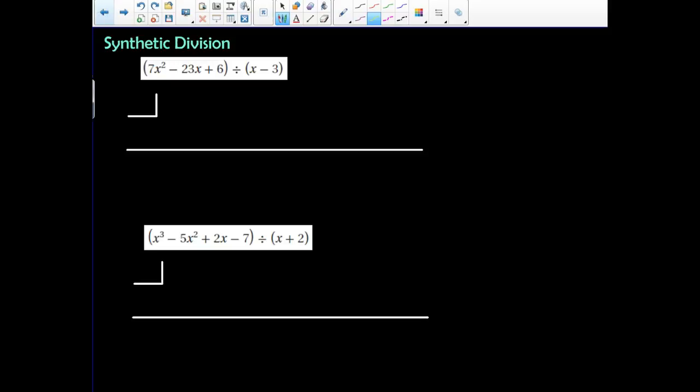Let's go back and do the ones from before. What goes in the little box here? 3. My coefficients, without skipping any, got to add the zeros, but there are no zeros to add here: 7, negative 23, and 6.